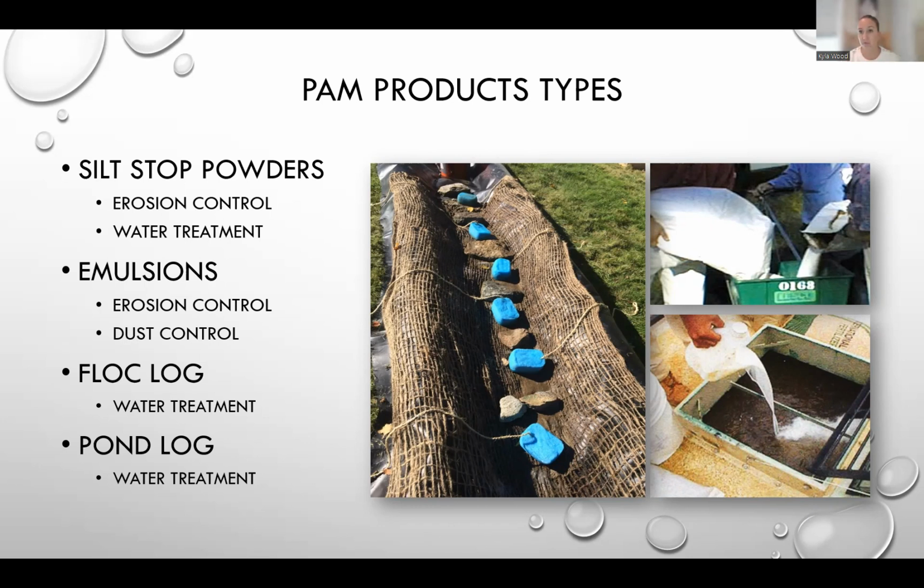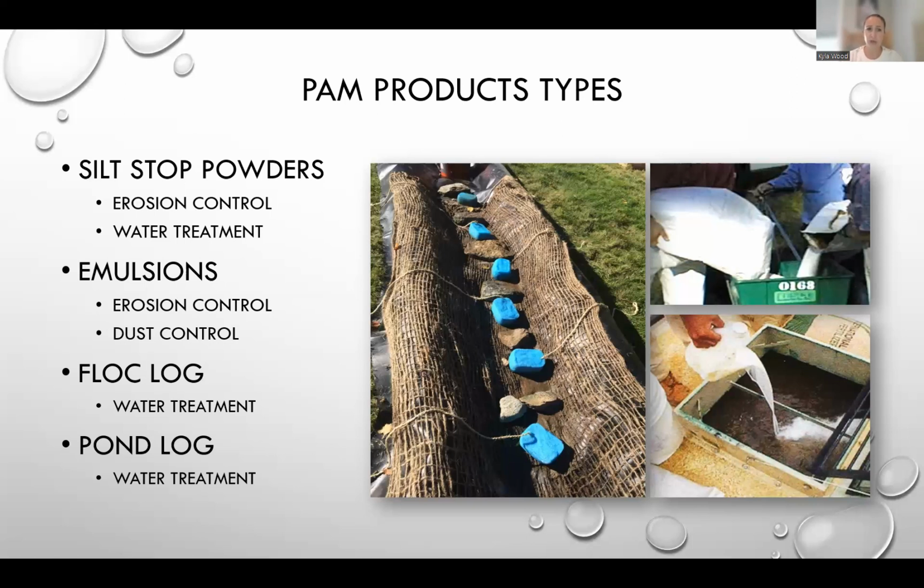We also have the flock logs, those hydrated logs, these little blue blocks that we see here in that first picture, and those are designed specifically for water treatment in channelized flowing turbulent water. There's also a pond log, which is again the same type of material, but it's used with aerators and fountains and things like that in flowing water.